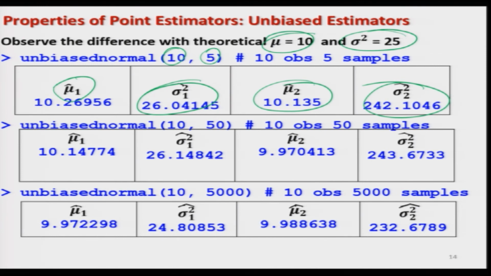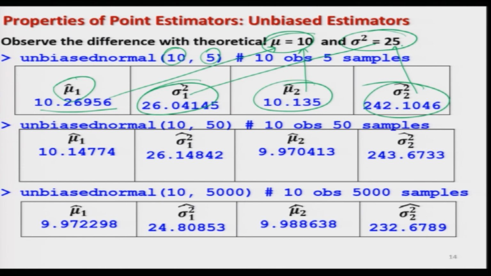For mu 1 hat, the value is 10.26, which is pretty close to 10, and the value of sigma 1 square hat is close to 25. For the median case, the estimated mu 2 is pretty close to 10, but the variance sigma 2 square is very different from 25.